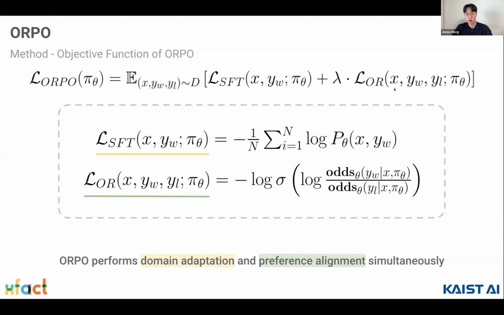And the second part, the LOR, is the special part of ORPO. We have the log odds ratio and we wrap it with the log sigmoid loss function so that the model maximizes the log odds of the chosen responses over the rejected responses. If we minimize this LSFT plus LOR, then we are pursuing the 2 objectives at the same time. We expect domain adaptation from the LSFT, and from the LOR, we expect preference alignment.